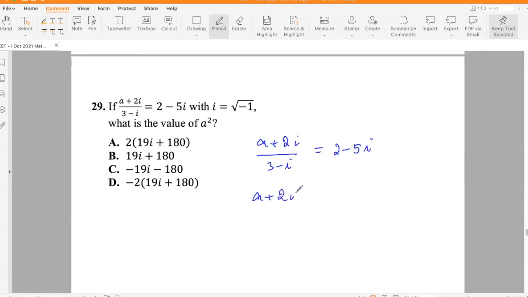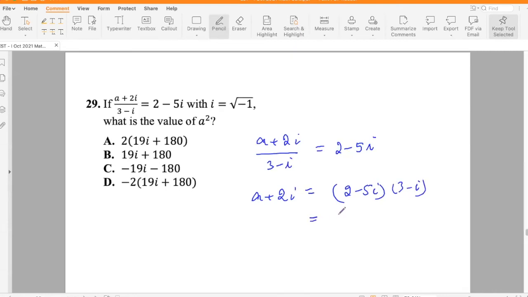So a plus 2i is 2 minus 5i multiplied by 3 minus i. So that's going to be 6 minus 2i minus 15i plus 5i squared. So that's minus 5. So that's 1 minus 17i. Okay, so a will be 1 minus 19i.